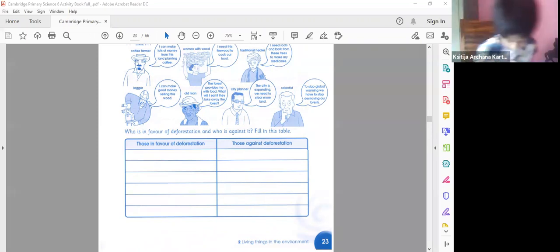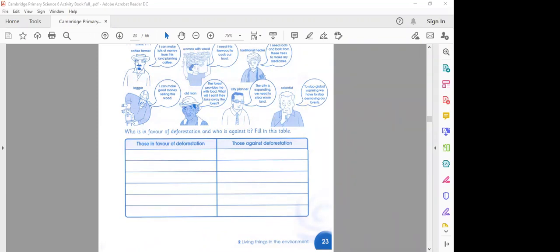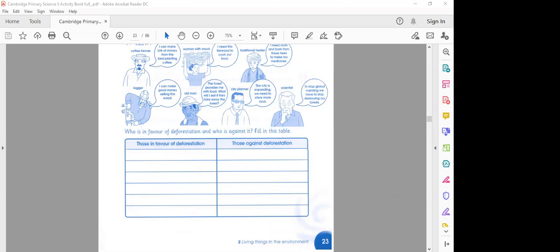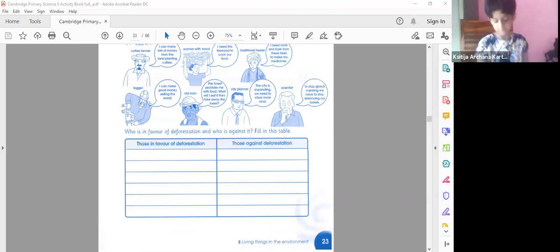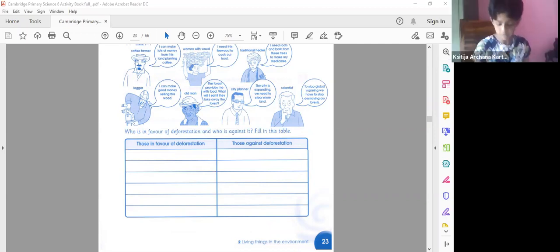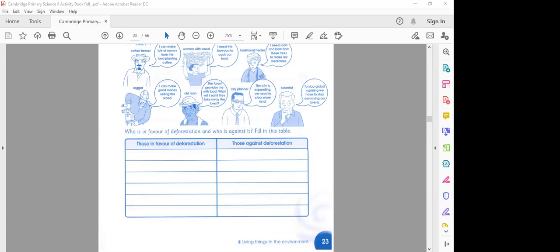The carpenter, the coffee farmer, the woman with wood, the traditional healer, the logger, and the city planner. Excellent. And against deforestation: biologist, doctor, old man, scientist, right?